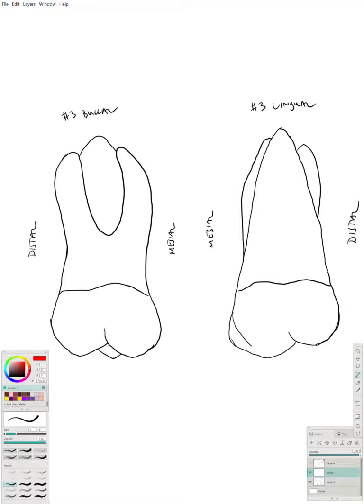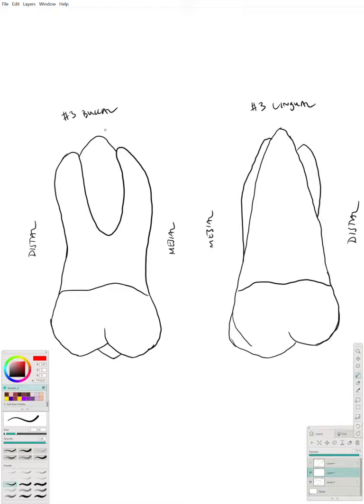But that actually does fall, let me see if I can draw a straight line here, right along that center axis of this tooth, kind of like that. Which, if we follow that axis, we also see that our palatal root apex falls in line with that axis. So that can help us here.